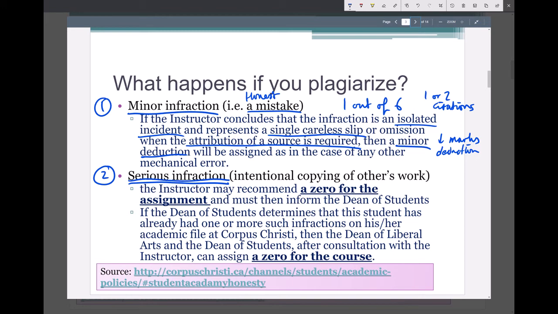And the more serious kind of infraction or scenario is where you intentionally copy other people's work. This could mean the entire paper, paragraphs or parts of the paper. This can even mean sentences, even if it's just one sentence.